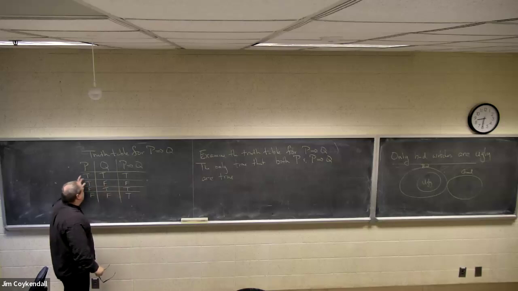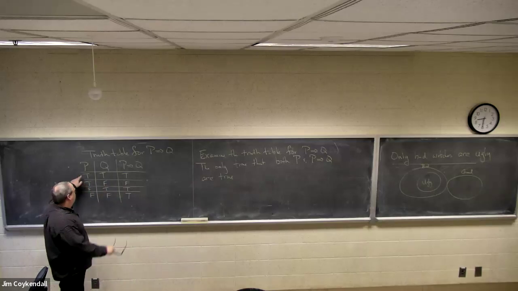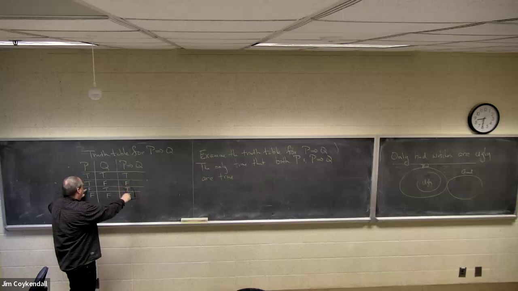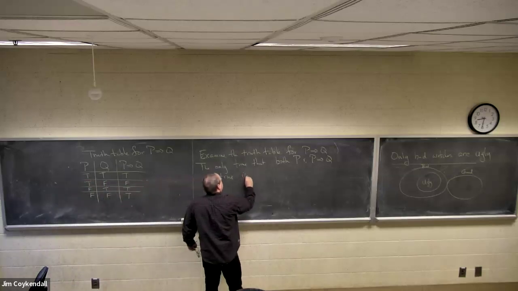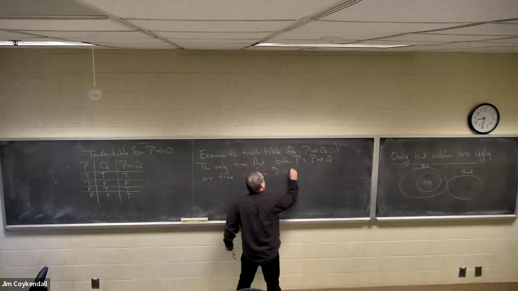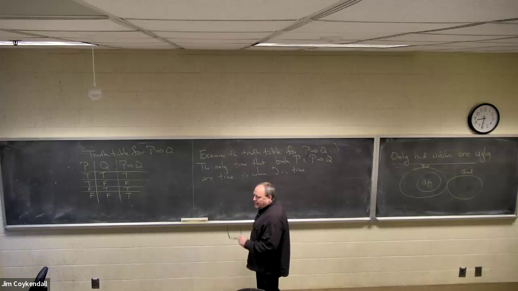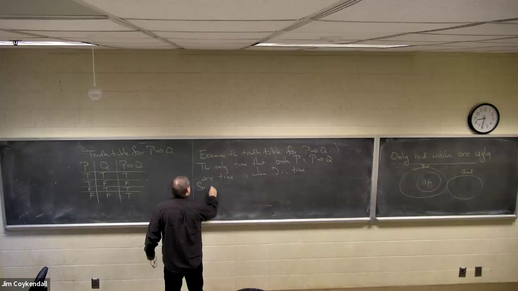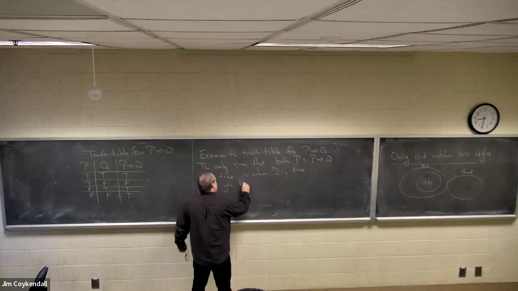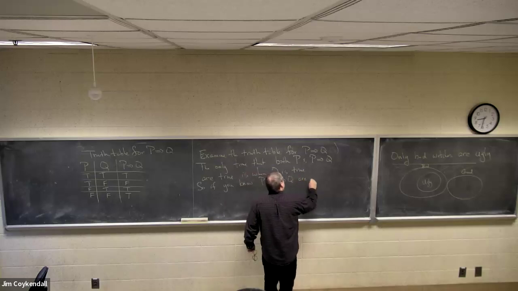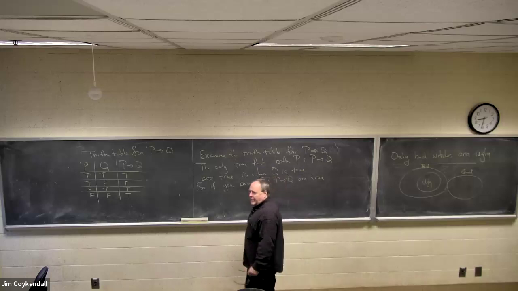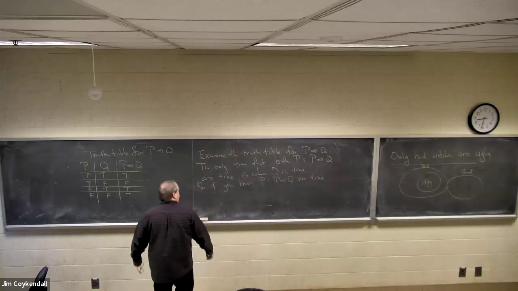Look at the truth table: when are both P and P implies Q true? Here, and that's it. Everybody agree? Because every other time, either P implies Q is false or P is false. Agree? So if you know that P and P implies Q are true, then Q is true.